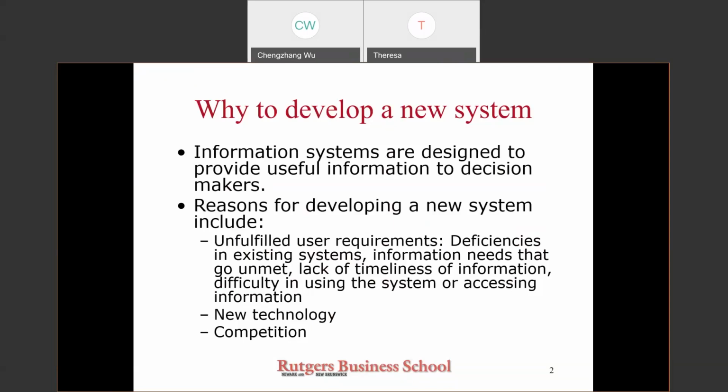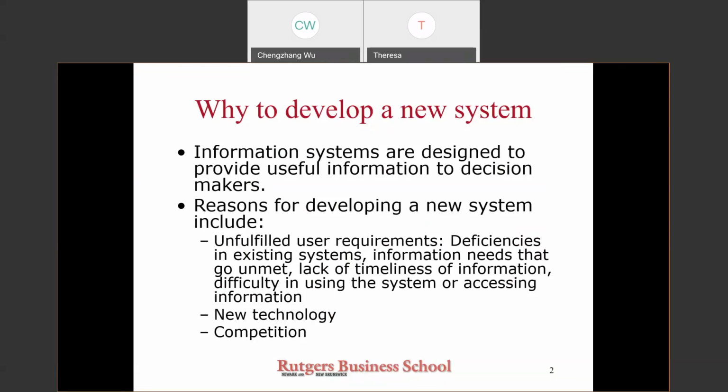So first of all, let's see the motivation for systems change, or why do we need to develop a new system? The motivation for system change, either the custom development of a new information system or the acquisition of a new software package, can originate in a number of ways.